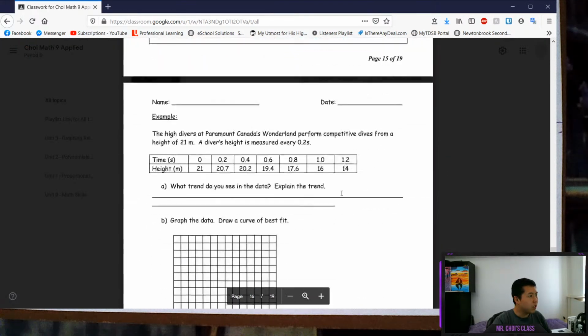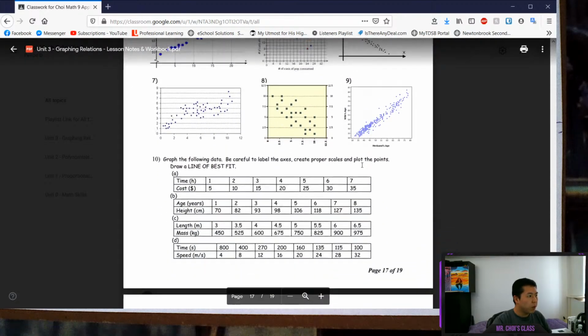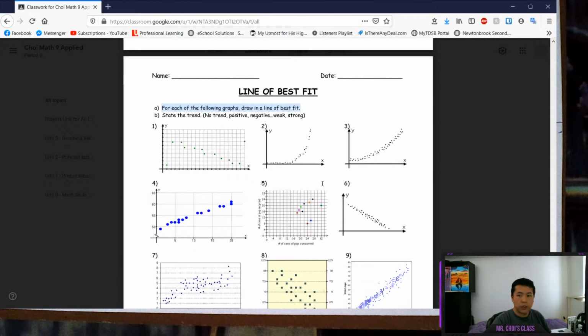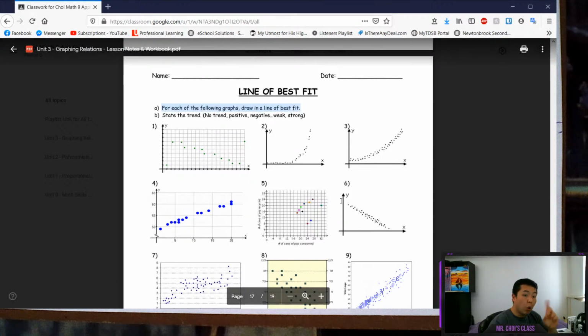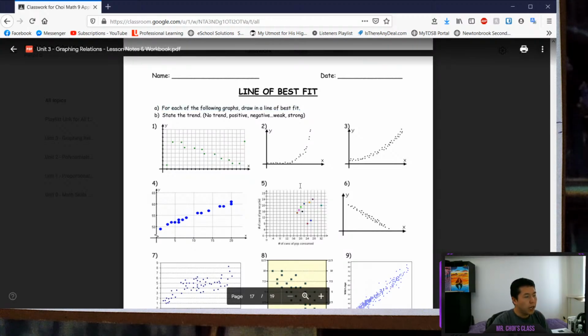So for us, we just finished page 16. So here, page 17. It's going to ask you, for each of the following graphs, draw a line or curve of best fit. Okay? If you think a curve fits better, draw the curve. If you think a line fits better, draw the line. And be careful.